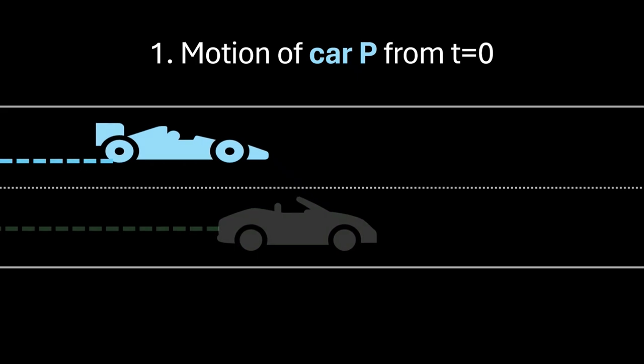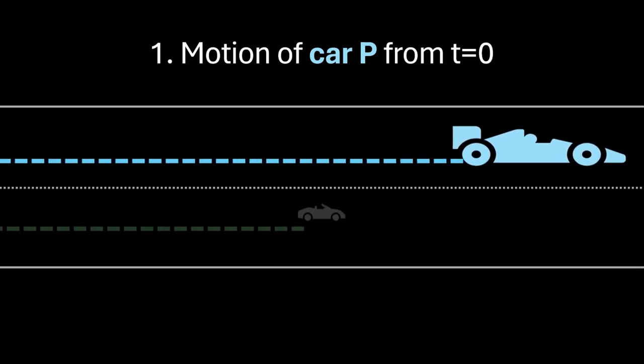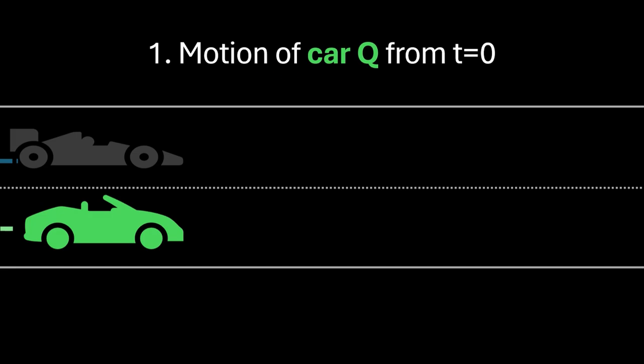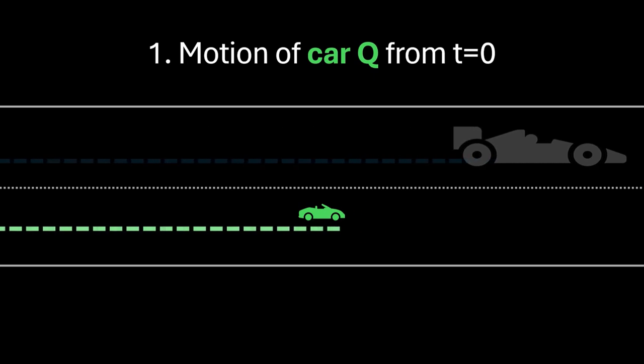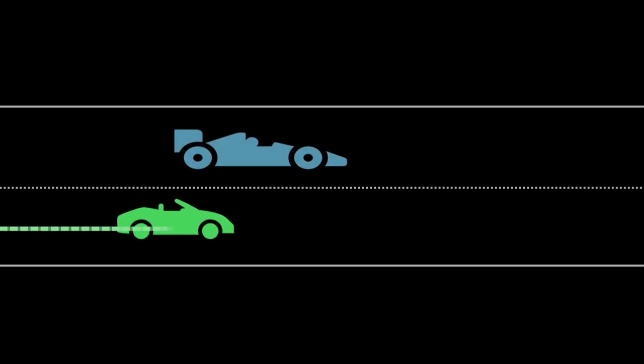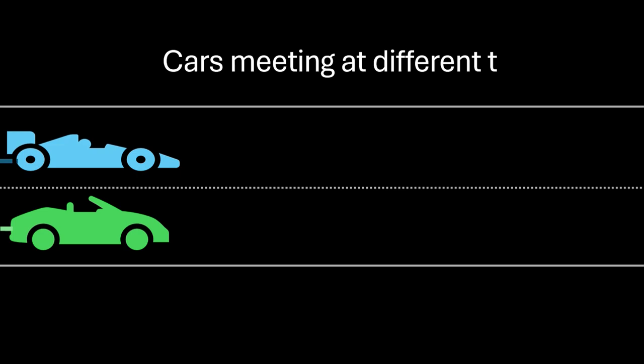Displacement of car P. What I'm trying to say is, first we will discuss motion of car P alone, where we'll also consider car Q, but the whole discussion will be based on car P. And then we will discuss the motion of car Q, where car P will also be present, but the whole motion will be discussed primarily with respect to car Q. And then we'll discuss what happens when the cars meet at different time intervals.